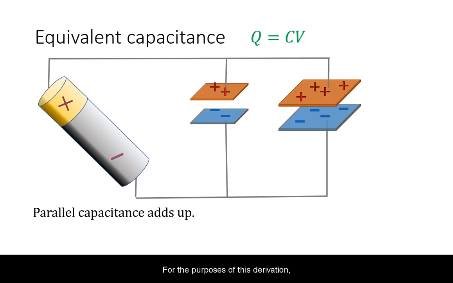For the purposes of this derivation, we will shorthand voltage across the elements as V, but keep in mind it actually stands for potential drop, usually denoted by delta V.